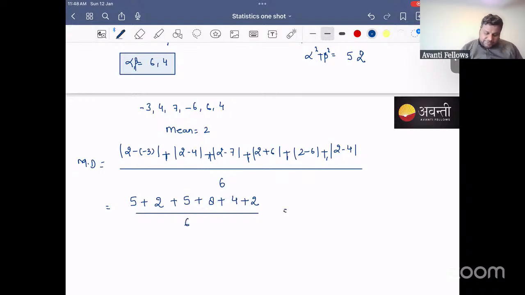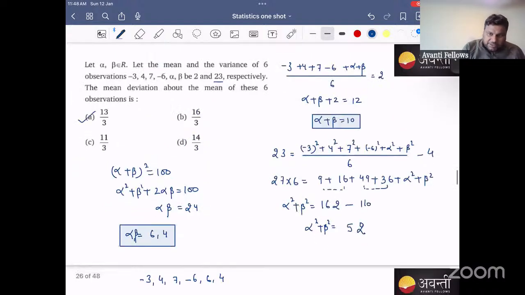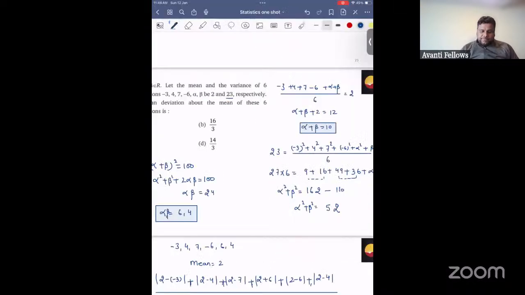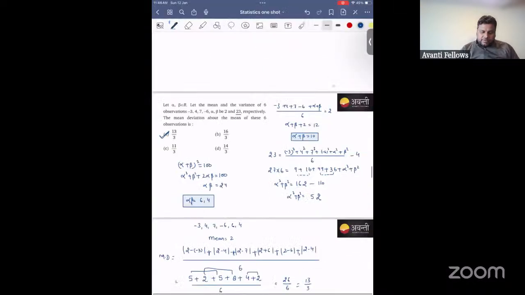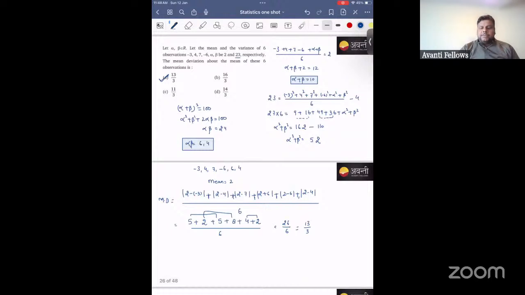So that is 5 and 5, 10 plus 10, 20 and 26. 26 upon 6. That is 13 upon 3. 13 upon 3 is your correct answer. Understood? Have a look at it. See quickly, easy question it was.